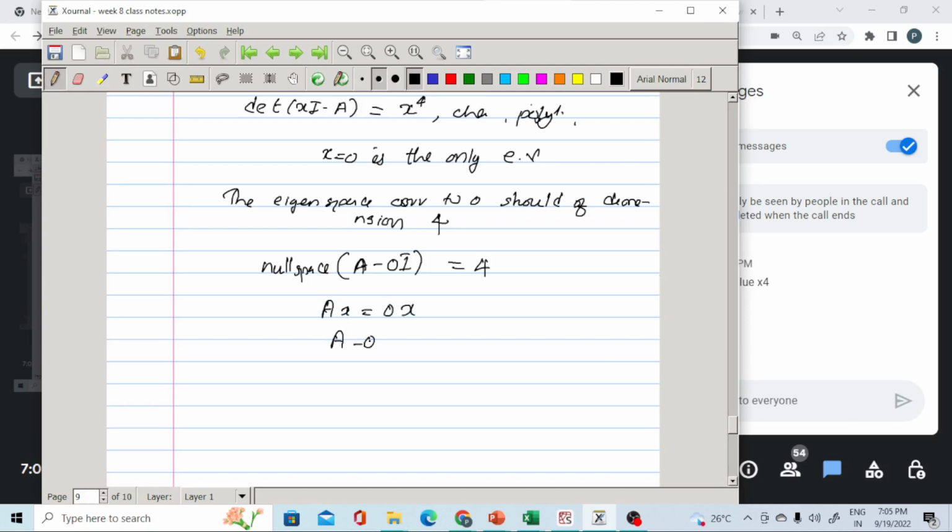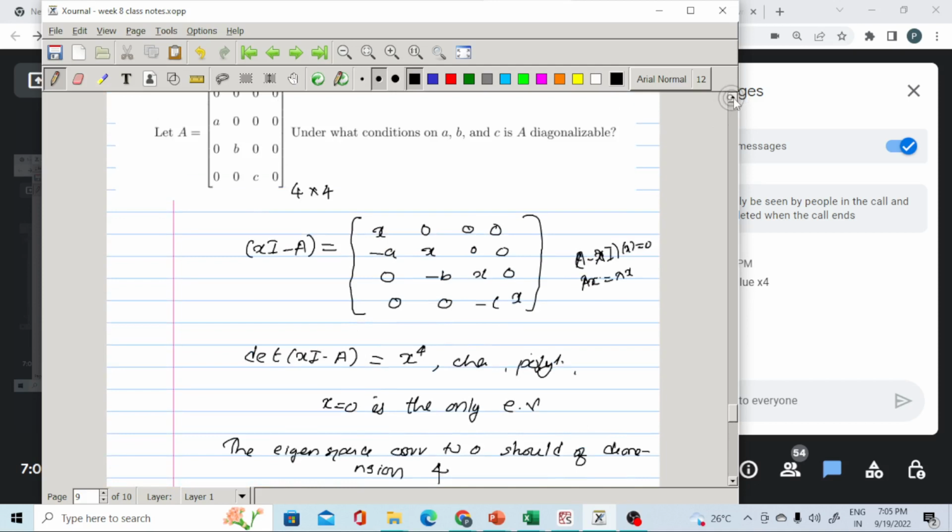So (A minus 0 times I) x should be equal to 0, that is Ax equal to 0. We want the set of all x such that Ax equals 0 to have dimension 4. That is what we are writing: the null space of A is 4. Okay.